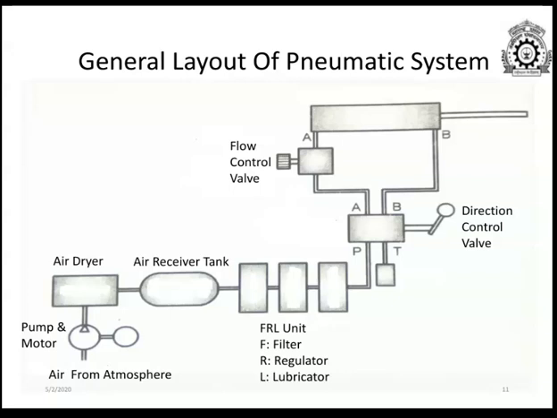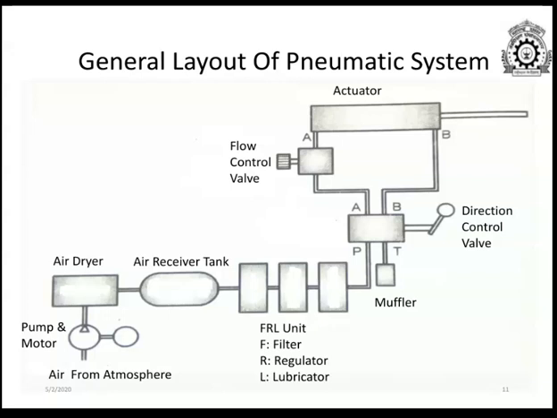This extension operation is used for any application like a drilling machine, shaping machine, and whatever air remains will be supplied from the B port to the tank port. So here the actuator is there, and here a muffler is used. A muffler is nothing but for noise reduction purposes.